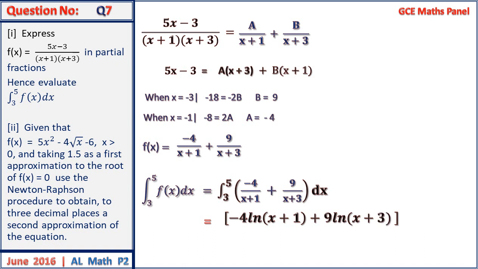Note, you have to use the absolute value signs because the integral will be undefined if the ln function's argument takes a value of 0. And this integral gives us 0.967 to 3 decimal places.